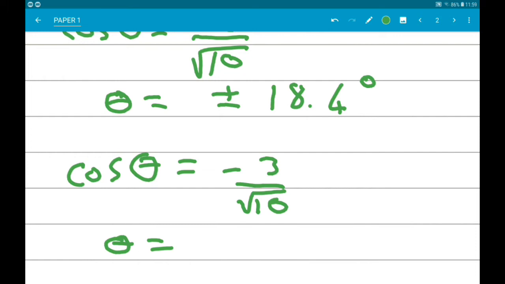But again, using the symmetry, that's positive or negative 161.6.